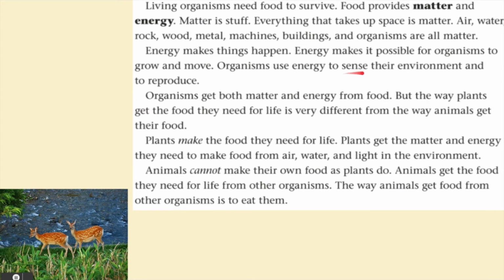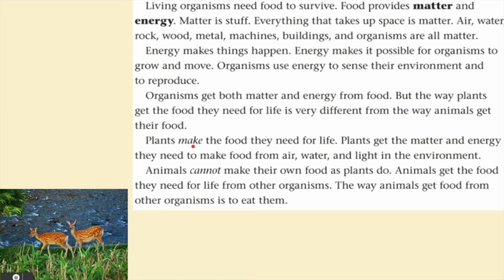Organisms use energy to sense the environment and to reproduce. Organisms get matter and energy from food, but the way plants get the food they need for life is very different from the way animals get their food. Let's learn more about how these ecosystems work and how plants and animals get their food.